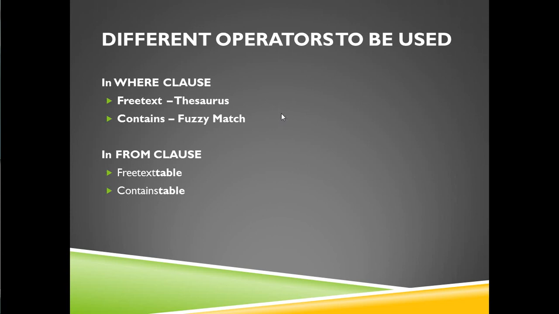So in general, what I found most useful was using the freetext and the contains operators. However, between the two, I found the contains operator to be the most powerful because it allows you to center in more on what you're looking for and allows more flexibility. The freetext operator in the where clause tends to be a little bit more unpredictable.